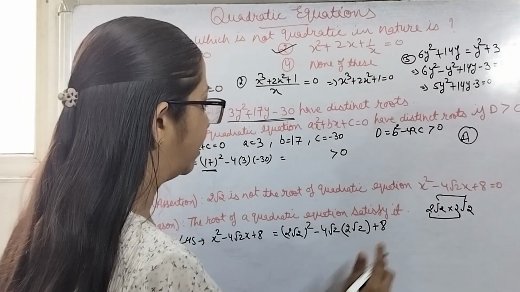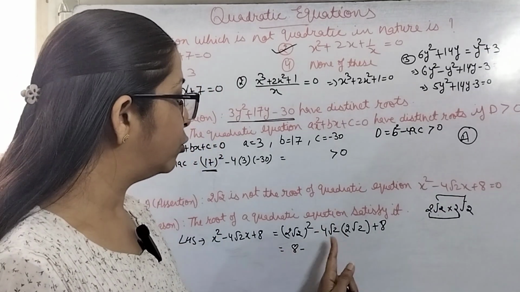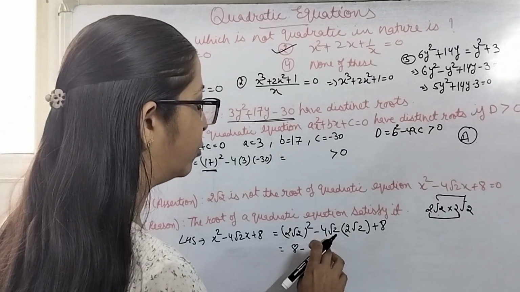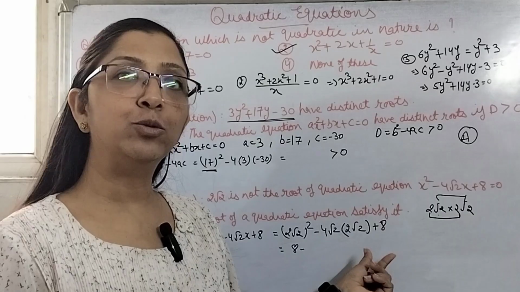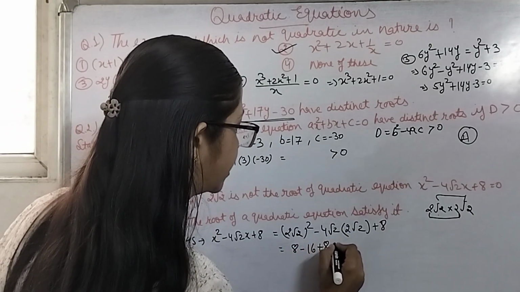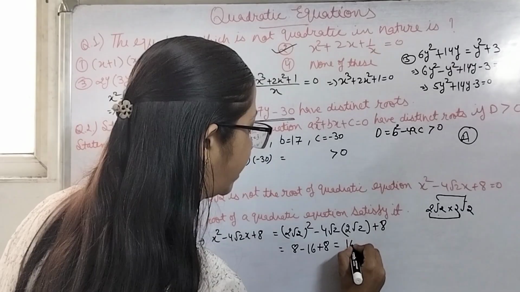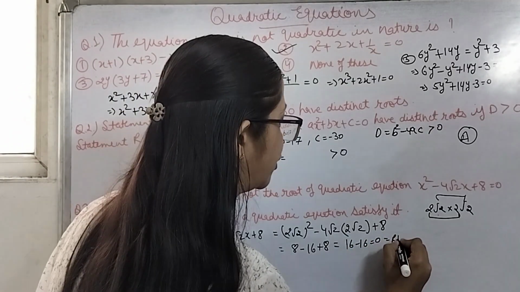So 4 multiplied by 2 will be 8, minus 4 root 2 multiplied by 2 root 2. Again 4 multiplied by 2 will be 8 and root 2 multiplied by root 2 will be 2. So 8 multiplied by 2 will be 16, plus 8. So 8 plus 8, 16, minus 16, that is 0. It is equivalent to your RHS part.